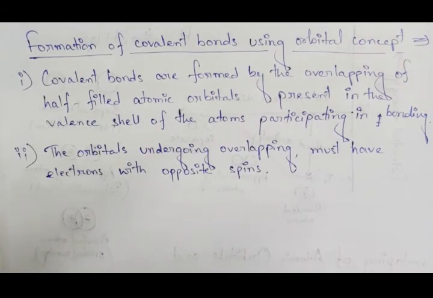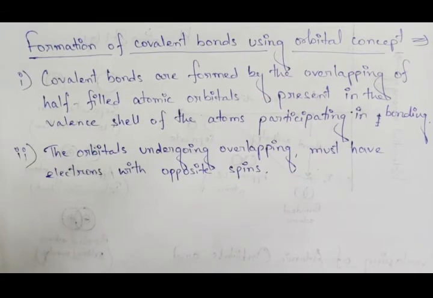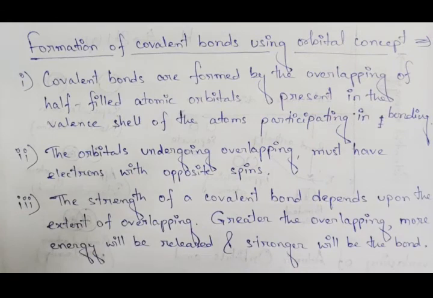And the strength of a covalent bond depends upon the extent of overlapping. That means the greater the overlapping, the more energy is released, and finally the covalent bond will be stronger. So these are the postulates which express the formation of covalent bonds using the orbital concept.